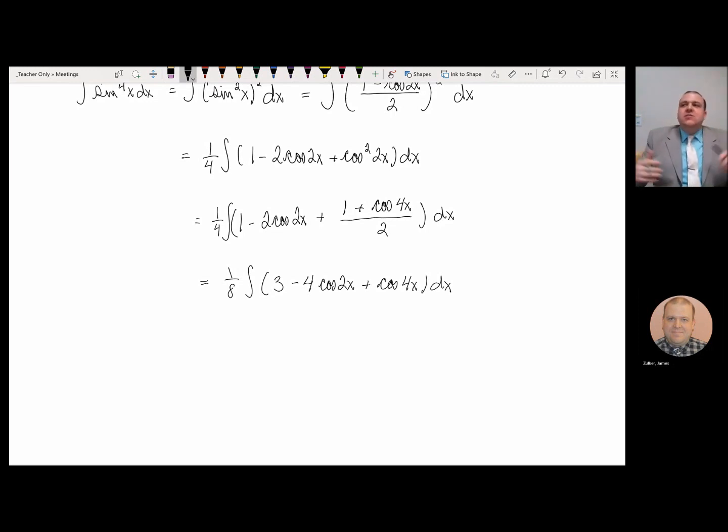Well, now this is really straightforward, right? Antiderivative of 3 is 3x. Antiderivative of cosine 2x is 1/2 sine of 2x.